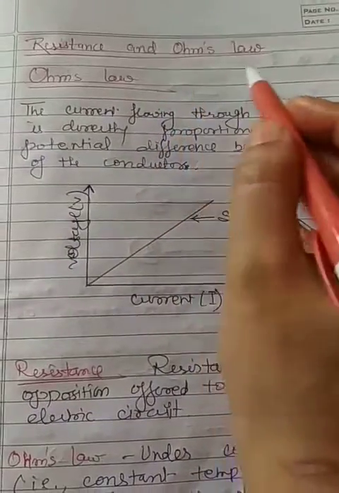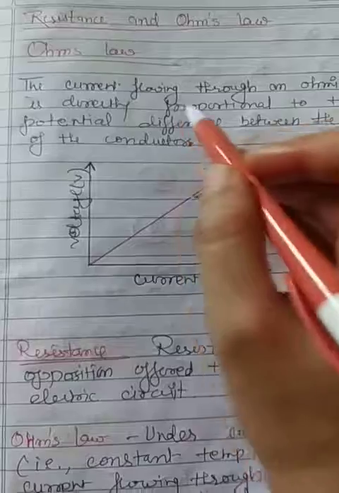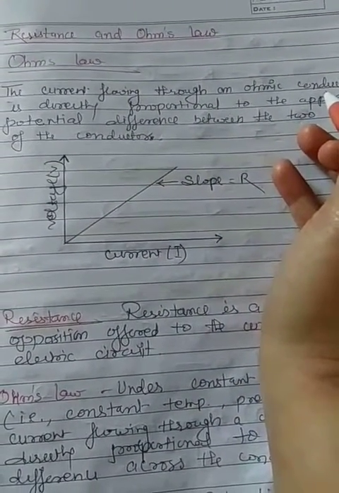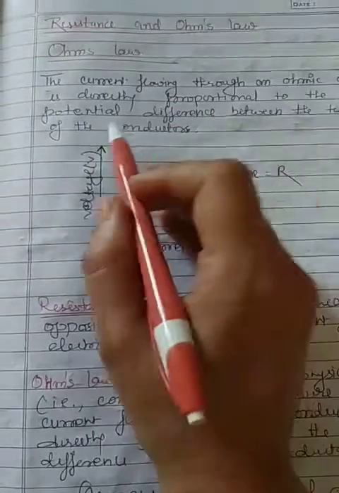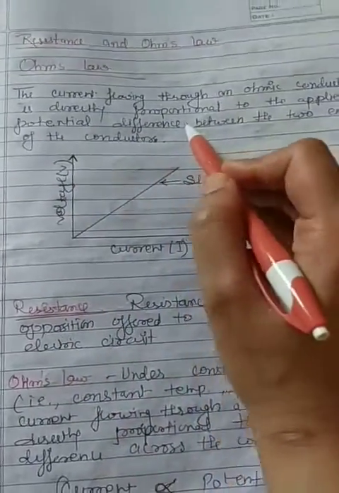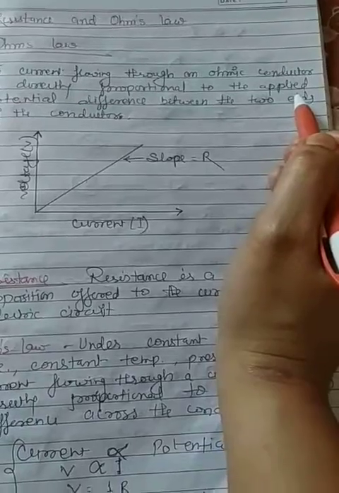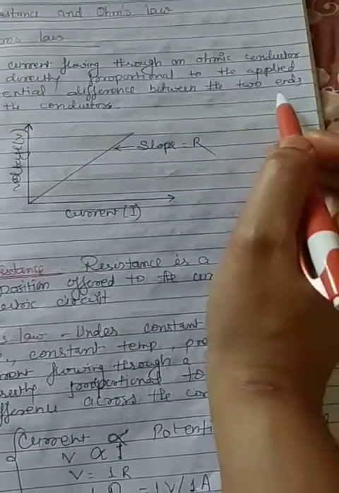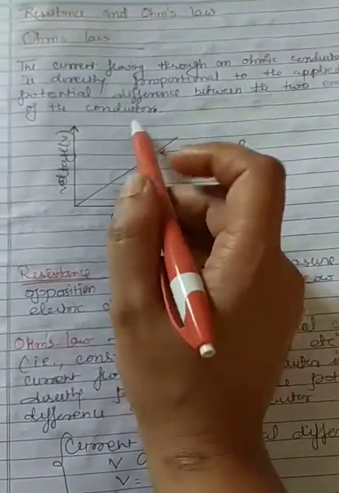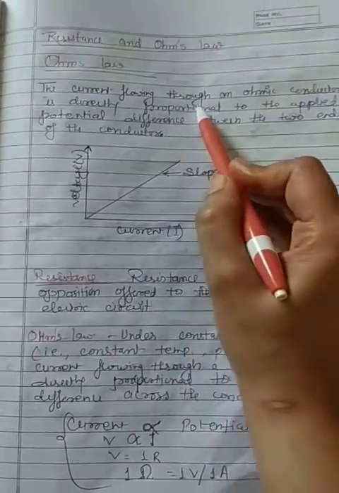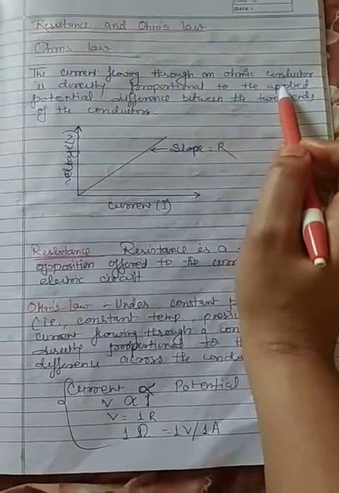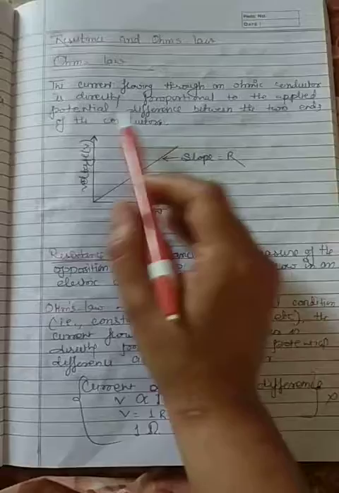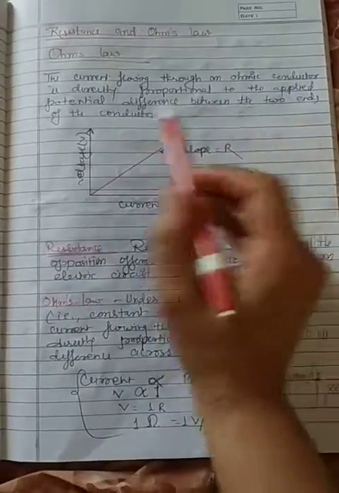Resistance and Ohm's law. Ohm's law: the current flowing through an ohmic conductor is directly proportional to the applied potential difference between the two ends of the conductor.